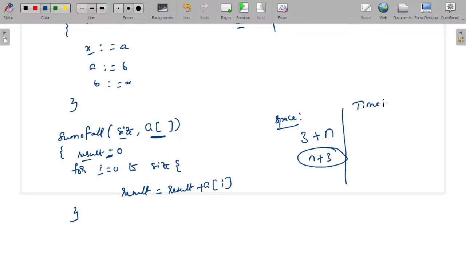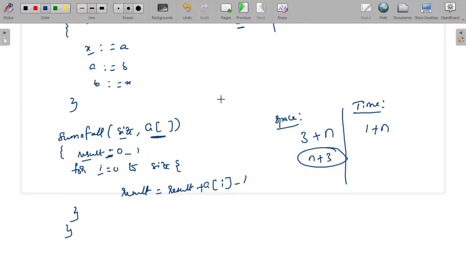So here, for this line we need 1 unit, and for this also we need 1 unit. But what about this for loop? It will be executed n number of times, according to the size of the array, and we represent that as n, right? So which is 1 plus n. And not only that, this for loop also takes one extra iteration to check the failing condition.